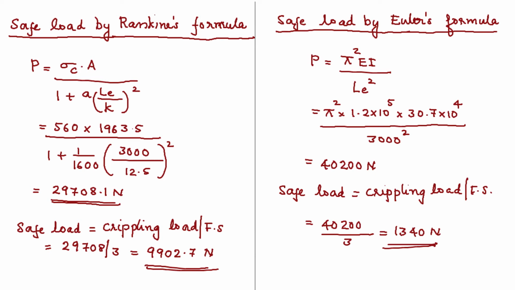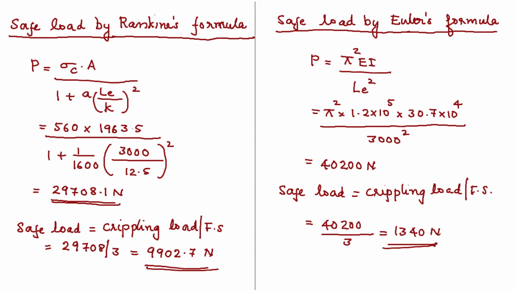Sigma C 560, area pi by 4 D square, that is 1963.5, Rankine constant A 1 by 1600, effective length 3000 mm, and radius of gyration root of I by A, it is 12.5. From this, the crippling load is 29,708.1 Newton.